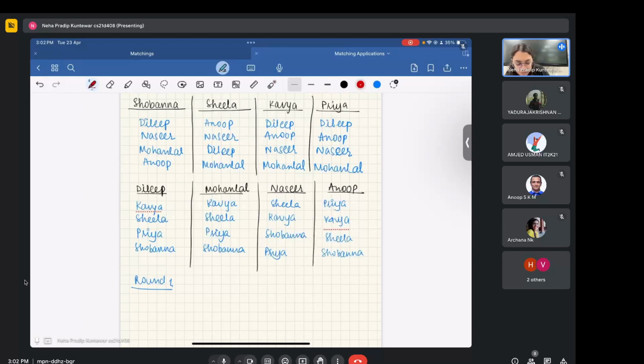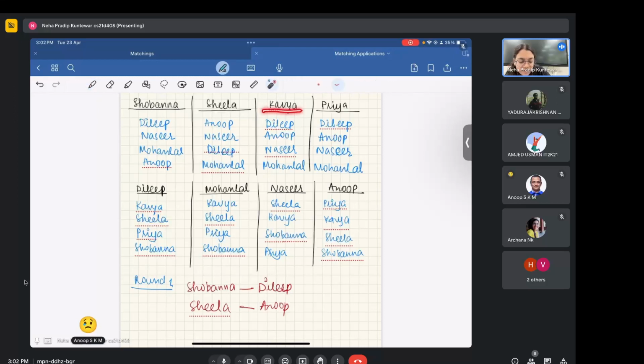So what does Dilip do? Dilip in turn accepts, because he is single. So on the first day, Shobana is matched to Dilip. What happens to Sheila? Sheila also proposes to the first person on the list, that is Anup. So let's say Sheila is matched to Anup.